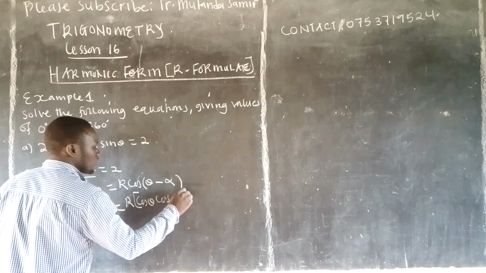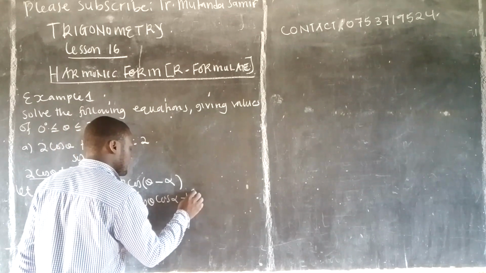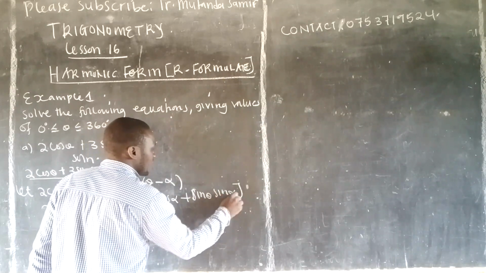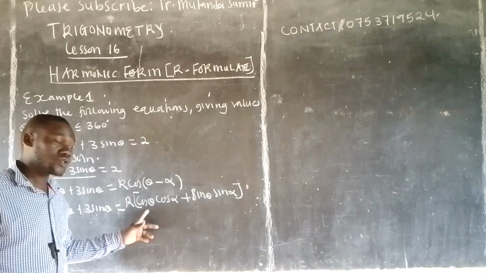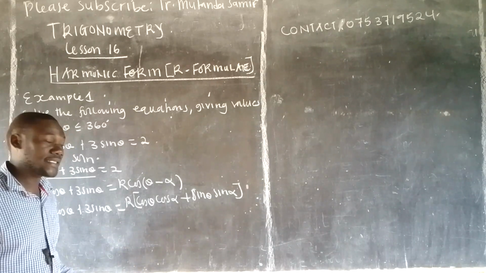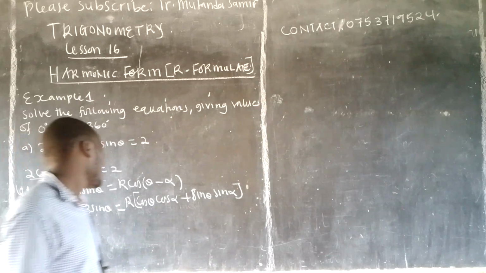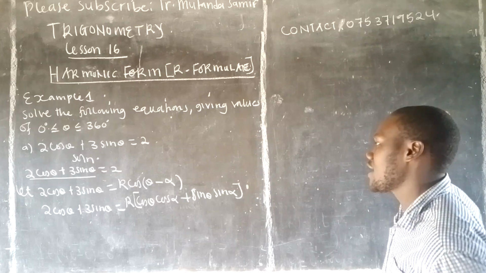Now when you have a minus here, it becomes a plus, sine of theta, then sine of alpha. Please, you can go in our playlist and check for the lesson on compound angle identities. We have that covered. So R cos theta cos alpha plus R sine theta sine alpha.